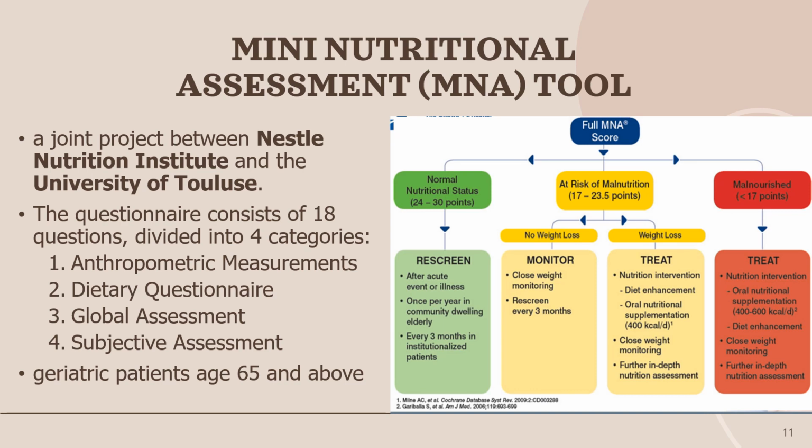Now, shown in this slide is the algorithm by which you are to interpret and intervene if you detect malnourishment in your elderly patients. So these are all in your manual. You are free to read on them.